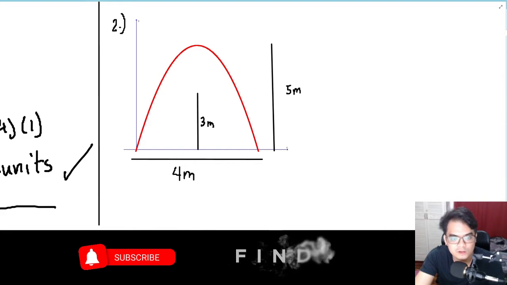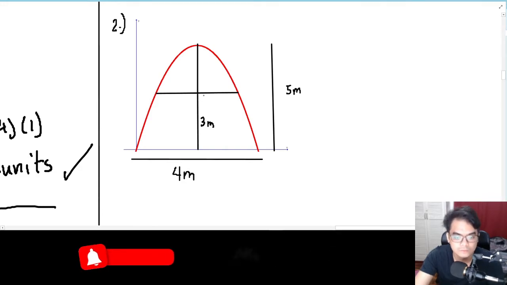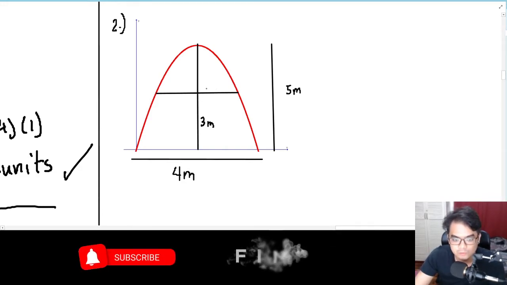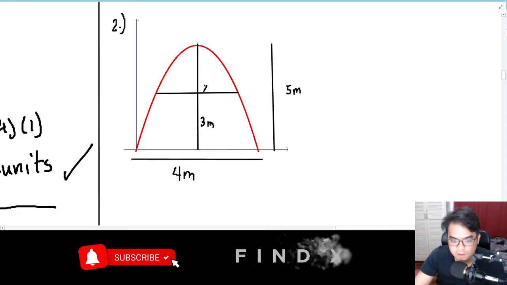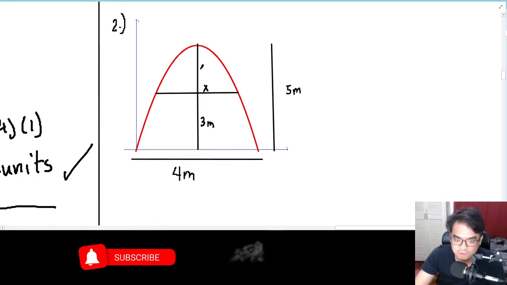So in short, we are asked to find this one. So the width, how wide is that? Okay, so if this is 3, therefore this is 2, right?